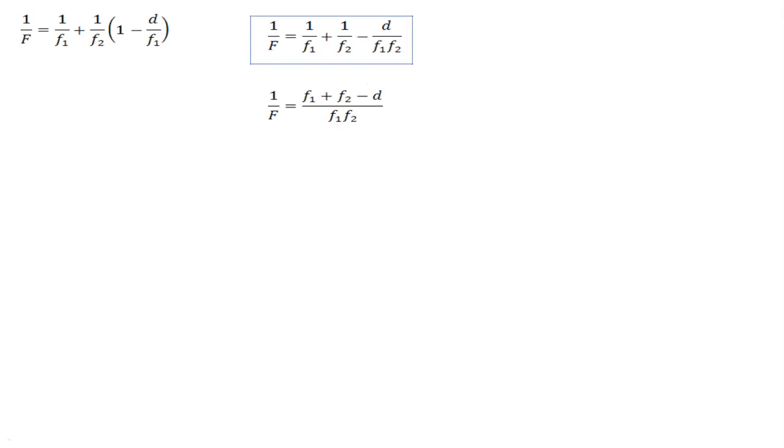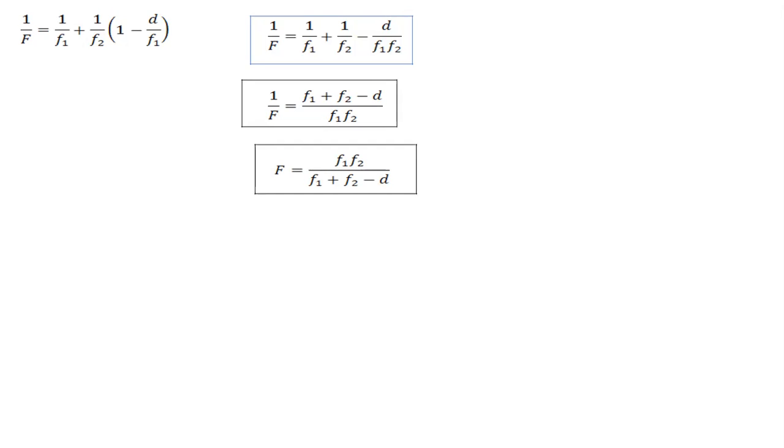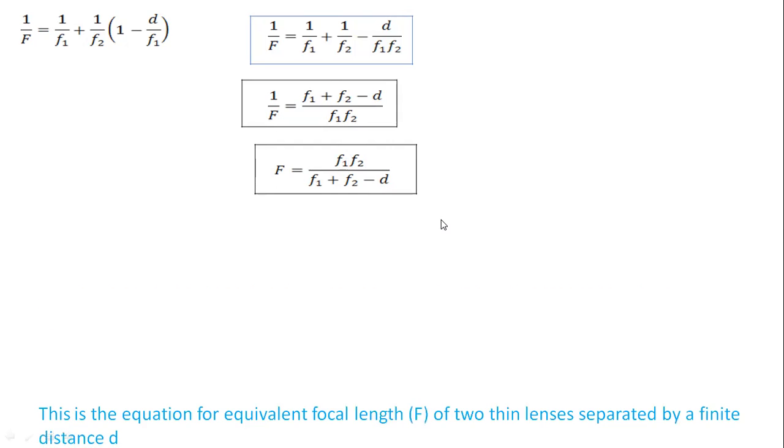Therefore, we can write the equation with LCM F1 F2: 1 by F is equal to F1 plus F2 minus D divided by F1 F2. Now let's take the reciprocal. The equation becomes F equals F1 F2 divided by F1 plus F2 minus D. This is the equivalent focal length of the two lenses of focal lengths F1 and F2, which are separated by a distance D.